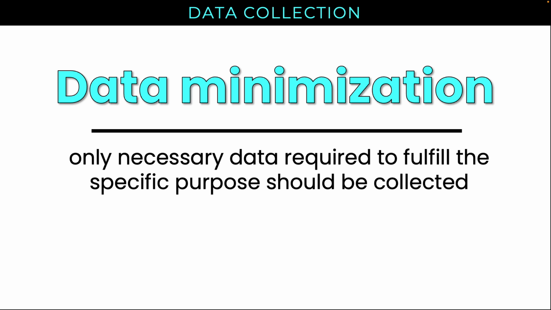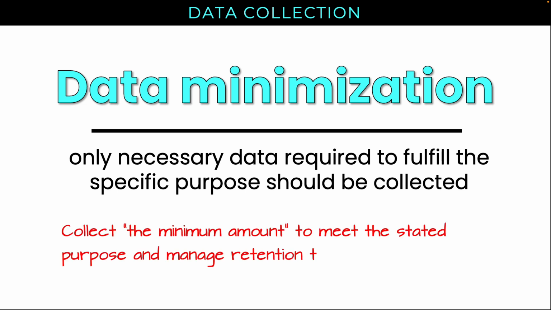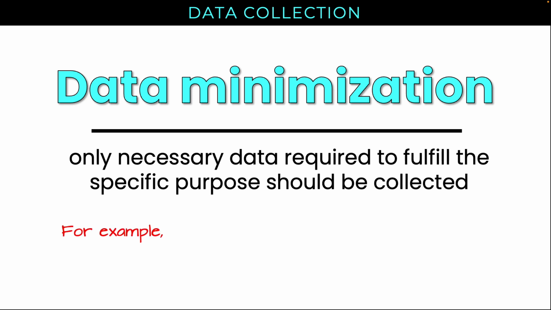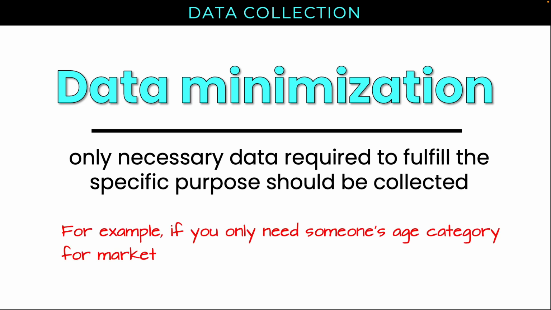So this principle states that we only collect the necessary data required to fulfill the specific purpose that we're collecting it for. So we collect the minimum amount to meet the stated purpose and manage retention to meet regulations. For example, if you only need someone's age category for marketing, like if you need to know if it's someone over the age of 13, don't collect their exact birth date. Just get their age.